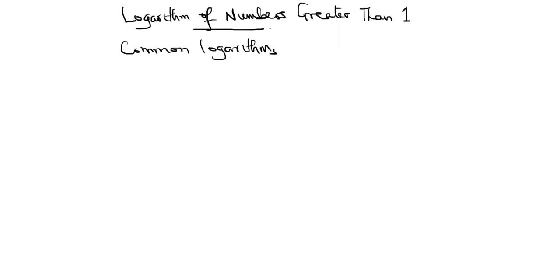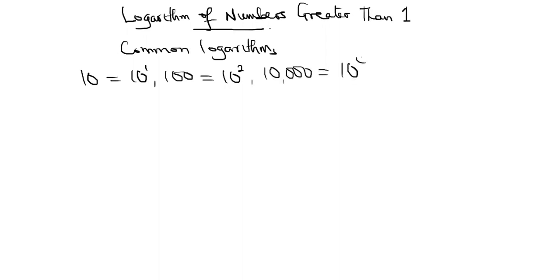Any positive number can be expressed as a power of 10. For example, let's say we have 10. 10 can be expressed as 10 raised to power 1. When you have 100, 100 can be expressed as 10 raised to power 2. You have, let's say, 10,000. 10,000 can be expressed as 10 raised to power 4.